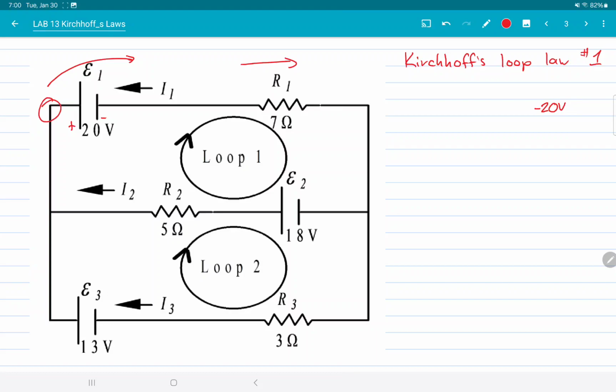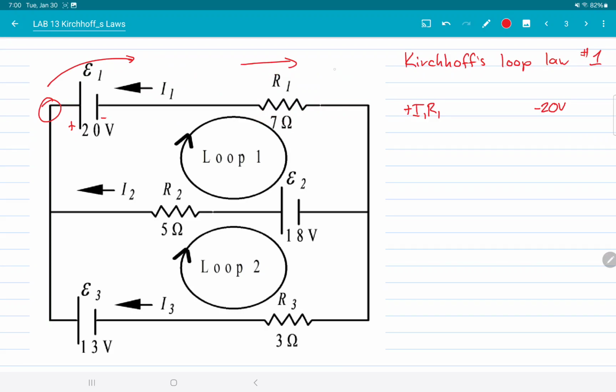So I can go down a water slide and I'm losing potential. If I went in reverse and went upstream against the current of the water slide and went back up to the top, I'd be gaining potential. So I would have a plus I1 R1. So it's current I1 across resistor R1 that I have here.